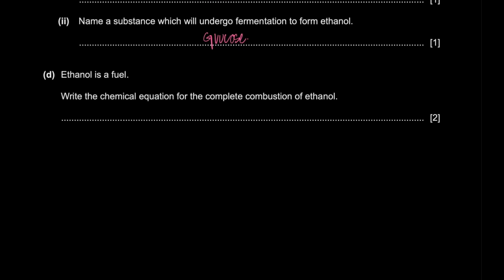Write the chemical equation for the complete combustion of ethanol. Okay, let's do that. Ethanol is C2H5OH plus O2, giving carbon dioxide plus H2O.